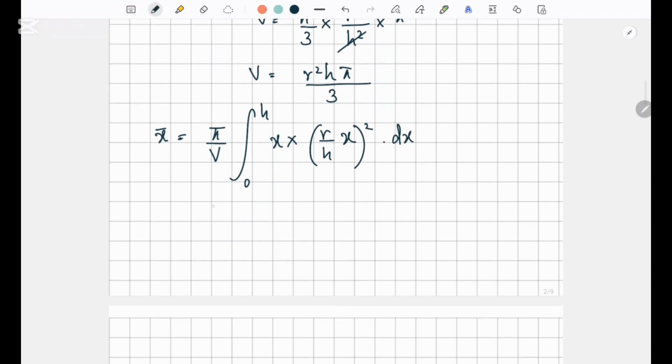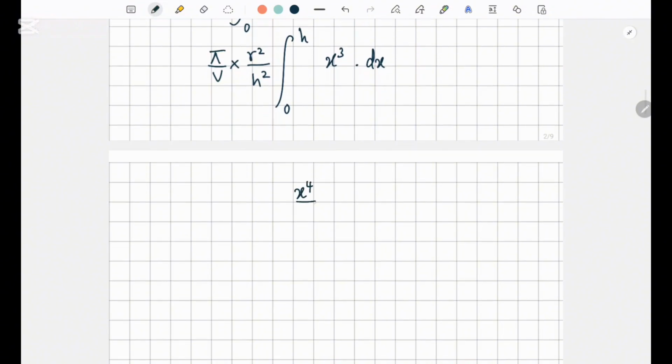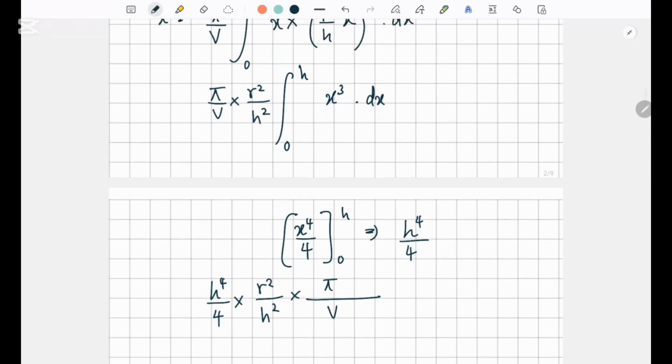You can take the constants outside. So pi over v into r squared over h squared into the integral from 0 to h of x to the power 3 this time, right? The integration of x to the power 3 is x to the power 4 over 4. Put your intervals 0 to h, and it's h to the power 4 over 4, right? Now you multiply that with the constants. So it's h to the power 4 over 4 into r squared over h squared into pi over v.